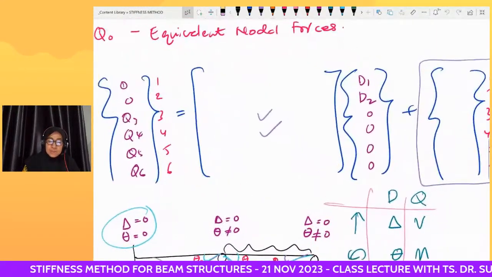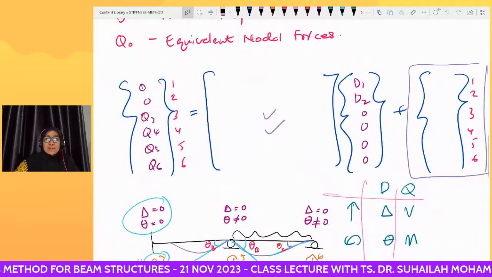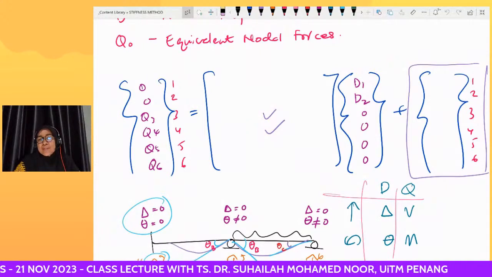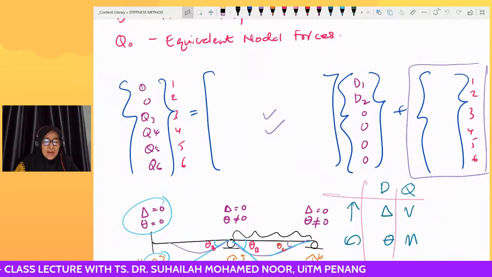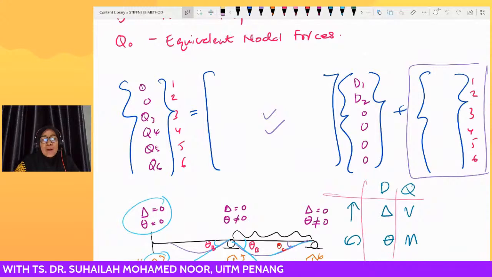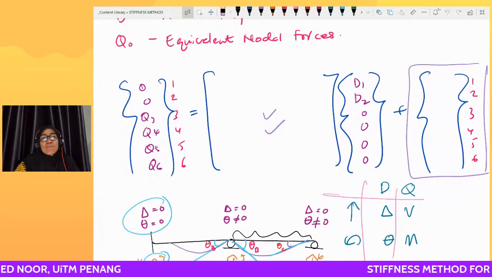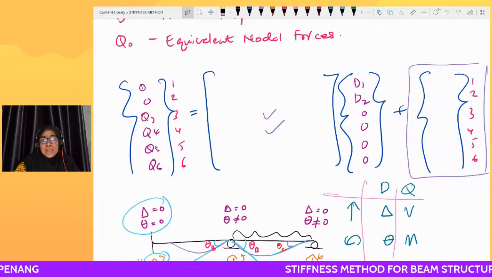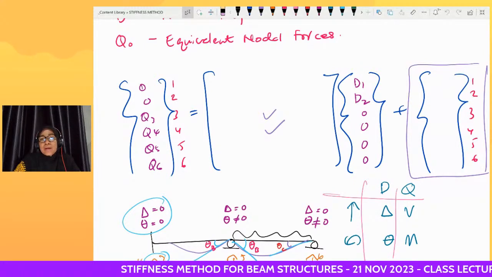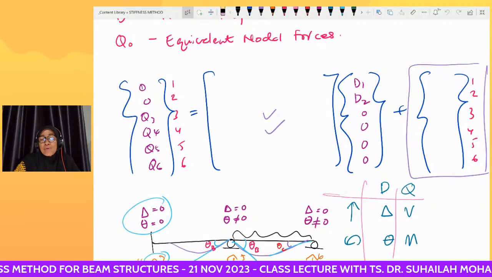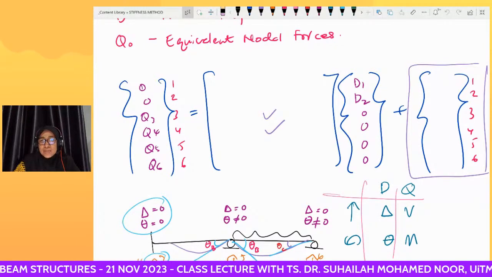Okay, so this is what the stiffness equation, or force displacement equation, looks like. I have explained how we identify the values, from position 1 until position 6 for Q, and the displacement from position 1 until position 6.